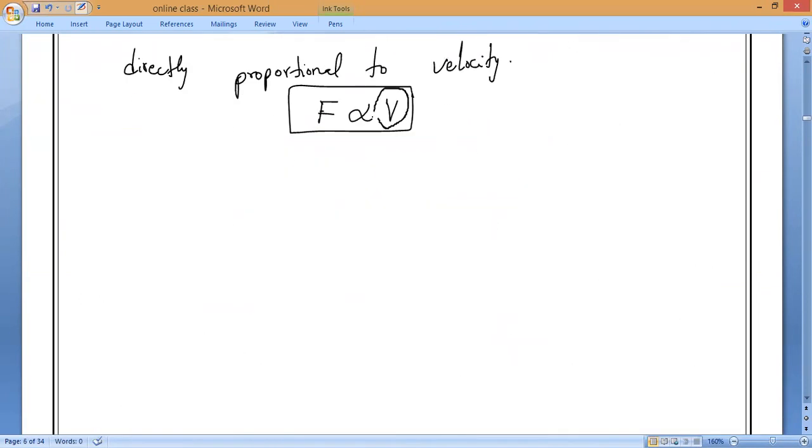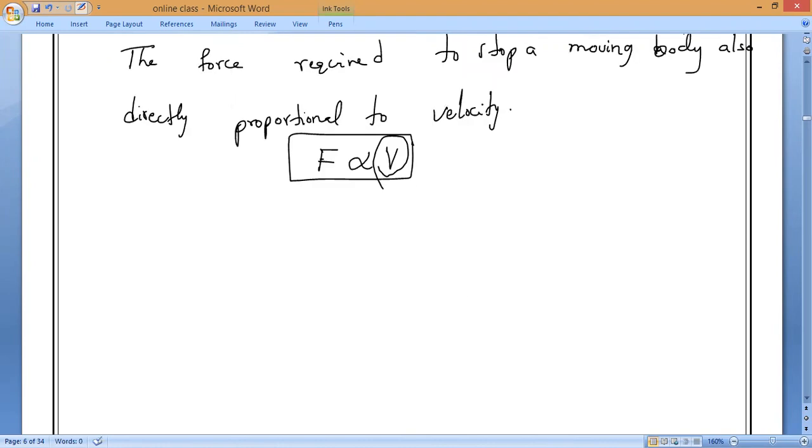Do you understand? So please all of you write. We can say the quantity of motion of a body depends on the mass and velocity of the body. Please write it.